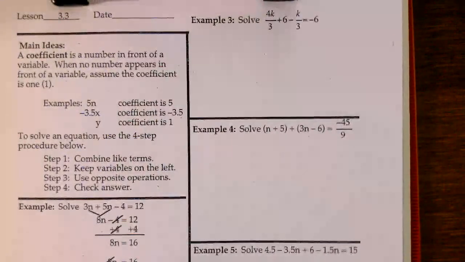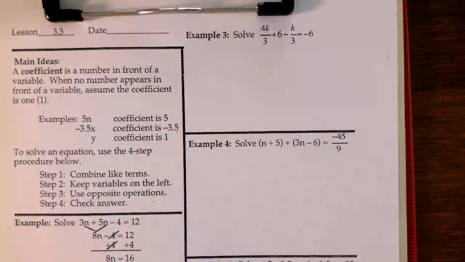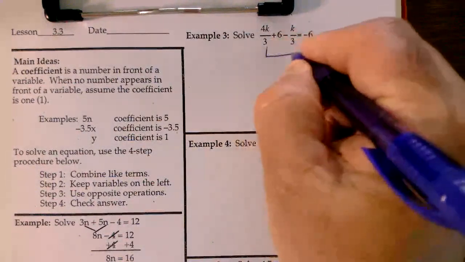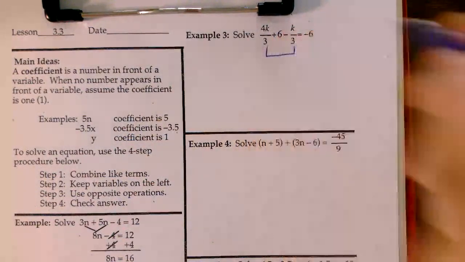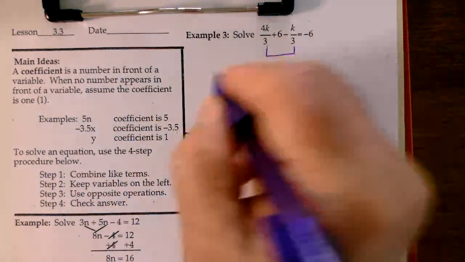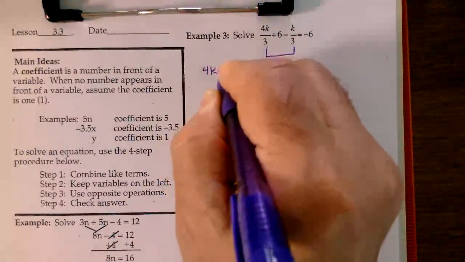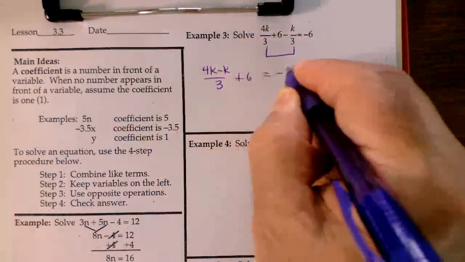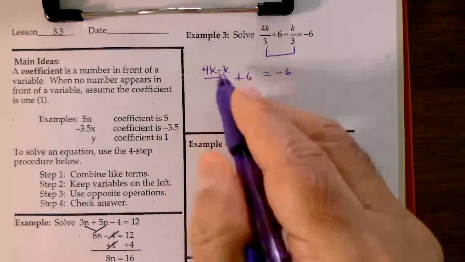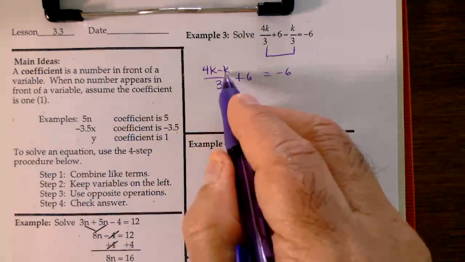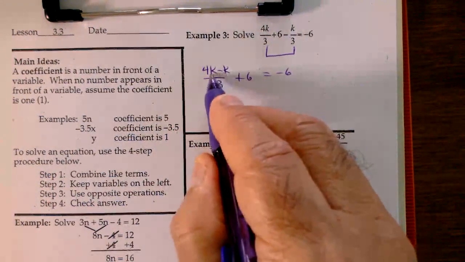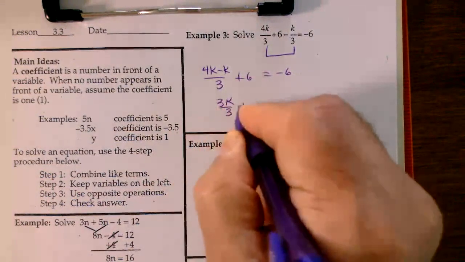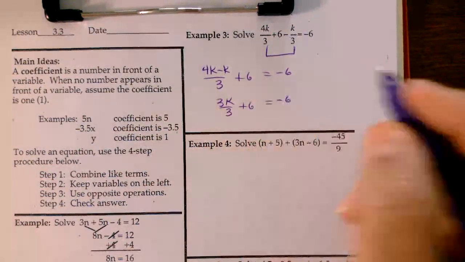Moving on to another example, when you have fractions, don't panic. Let's do the easy stuff first. Let's move these two together. Now notice they have the same denominator. And so all I do is 4k minus k over 3 over here, plus 6 equal to negative 6. Now remember what we said, when nothing is in front, we assume a 1. 4k minus 1k is going to be 3k over 3 plus 6 equal negative 6.